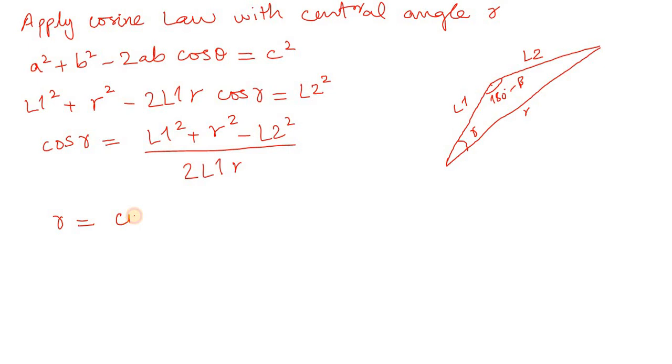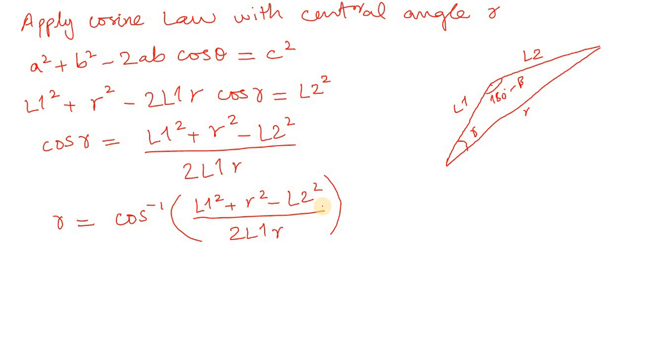Gamma will be equal to cosine inverse of L1 square plus R square minus L2 square divided by 2 L1 R. Okay, so this is how we can calculate your gamma angle.